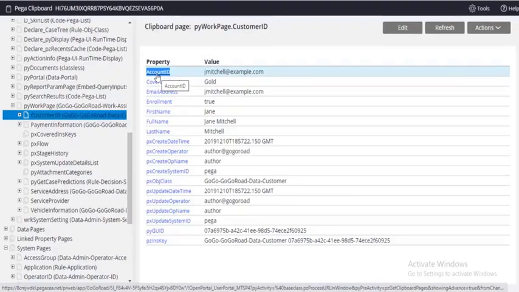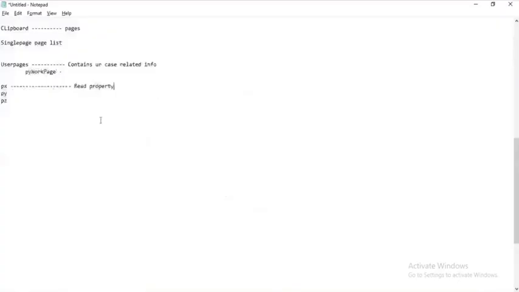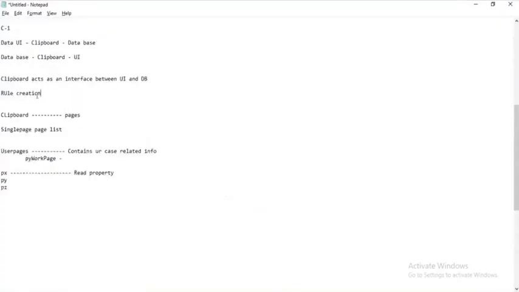Properties are the holders which will hold information. I will show you how to create a property in the rule creation concept we are going to discuss, but before that we have to know about PX, PY and PJ.